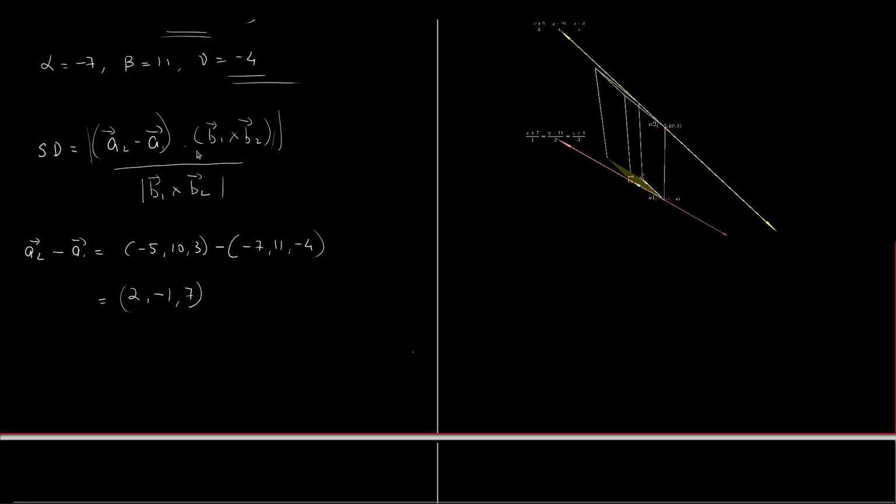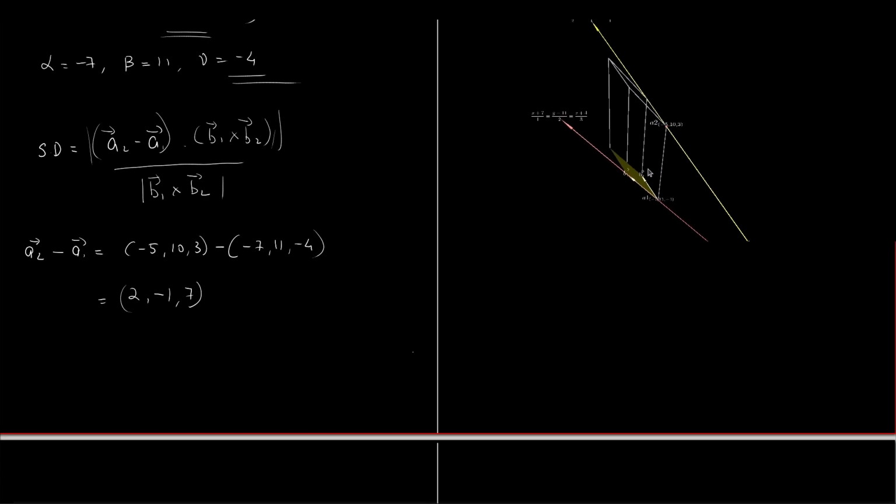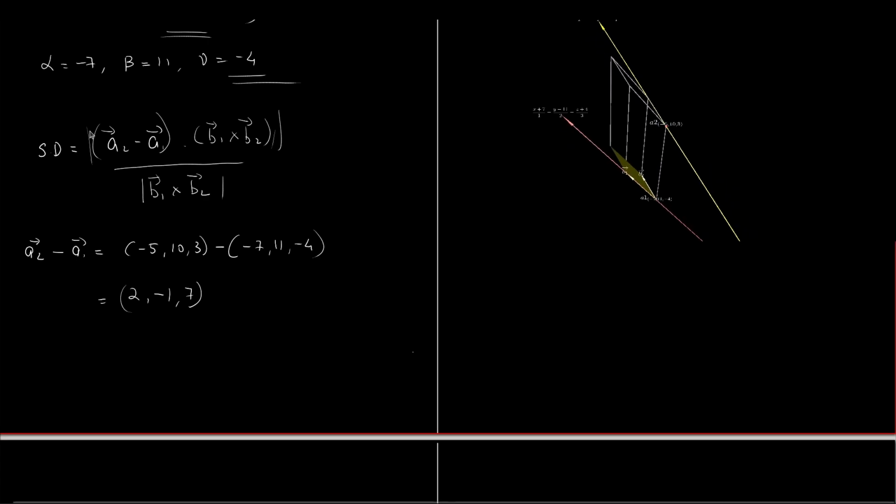When we are dotting these two, the numerator becomes the volume of the parallelepiped, and the denominator is the area. If you divide volume by area, we get height, and that height is the shortest distance between these two lines.